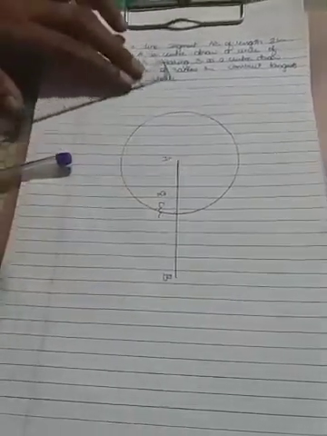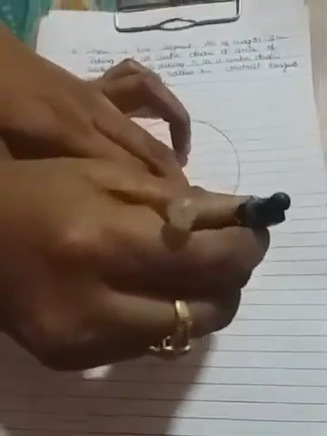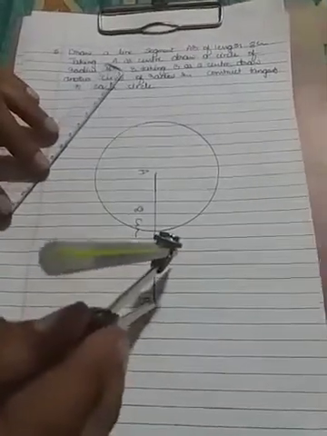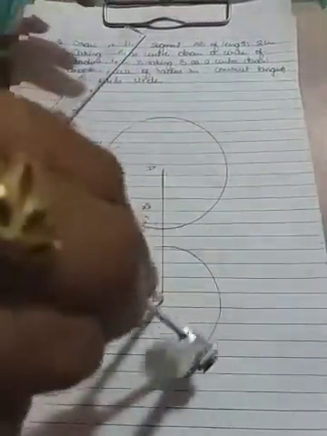And in the same way, taking B as a center, draw another circle of radius 3 cm. Take B as a center and take the 3 cm measurement. This is the other circle with radius 3 cm.